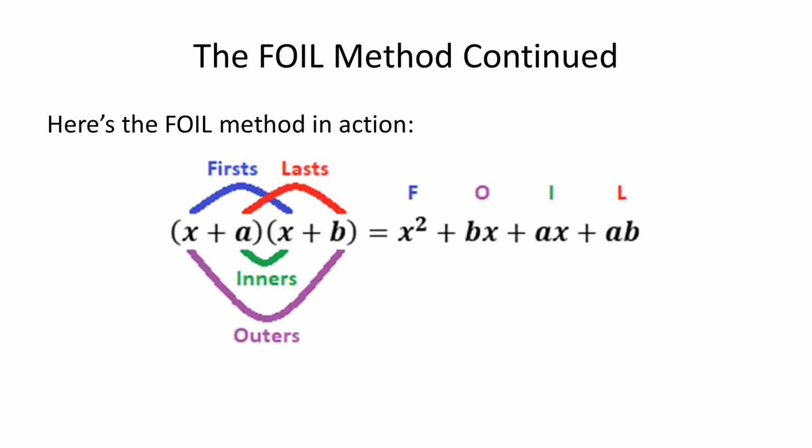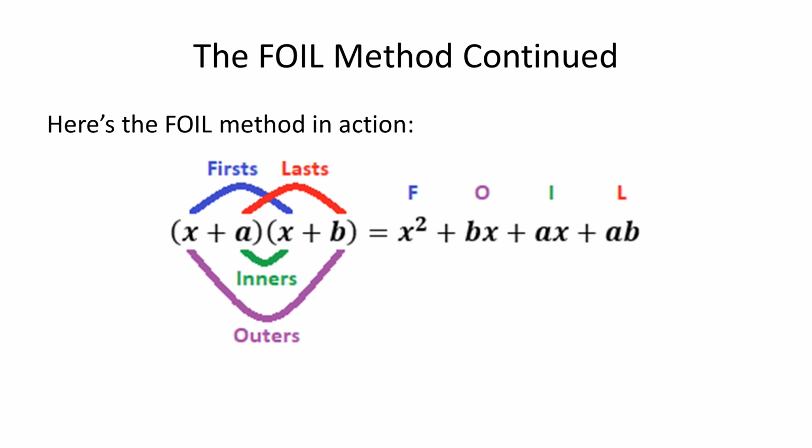Here's the FOIL method in action. So we have (x plus a) times (x plus b). So we multiply the terms that represent F, so x and x, to get x squared. Then we multiply the terms that represent O, so b and x, to get bx.